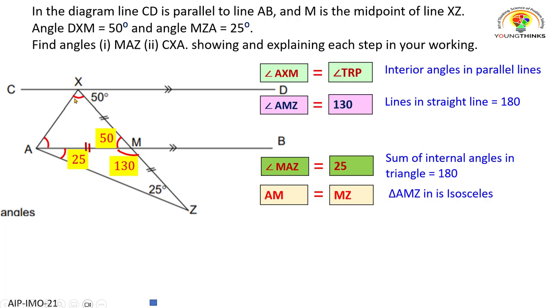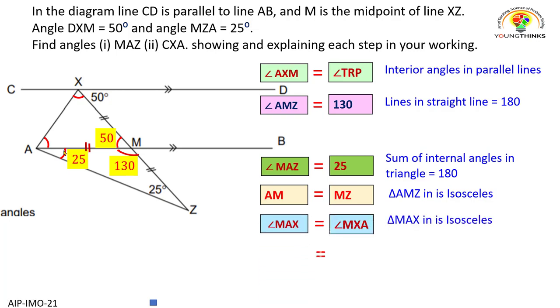So the remaining two angles are going to be 180 minus 50, which is 130, divided equally by 2, which makes both these angles 65 each. So you have found this angle to be 65. This is 65 as well.